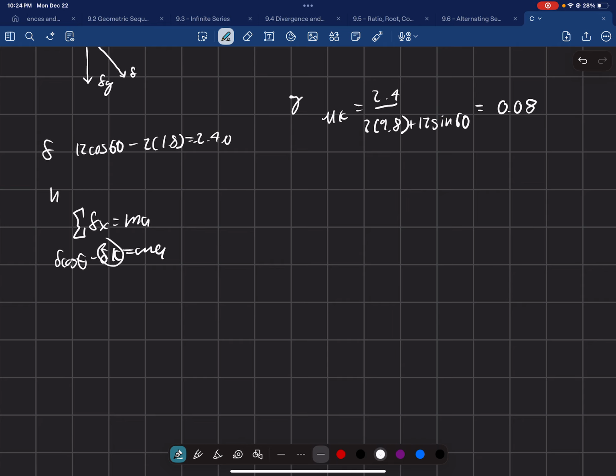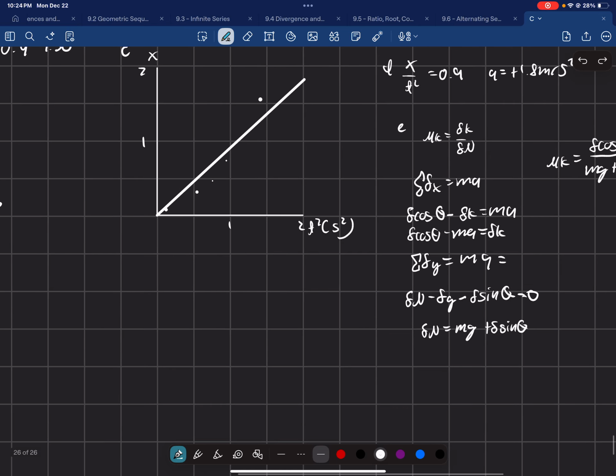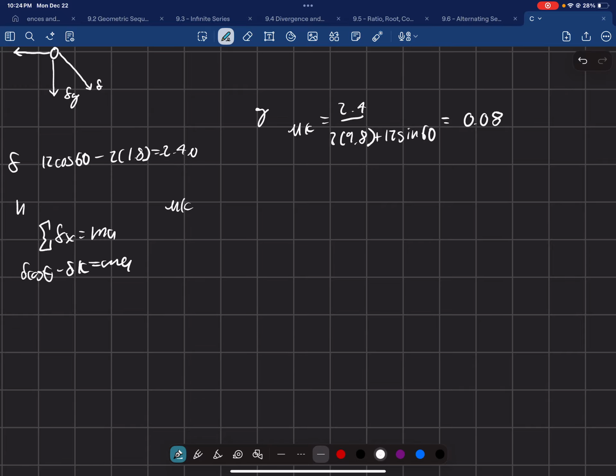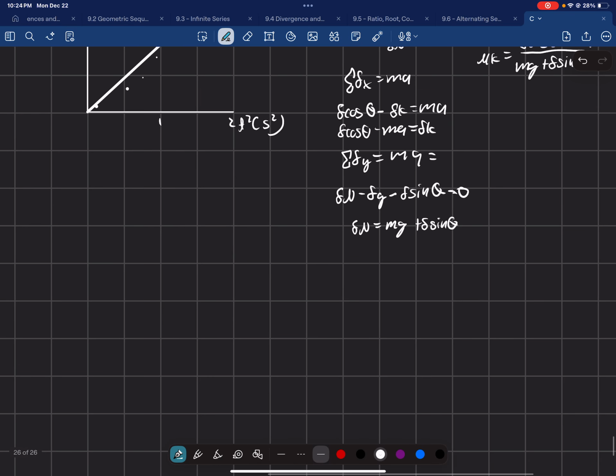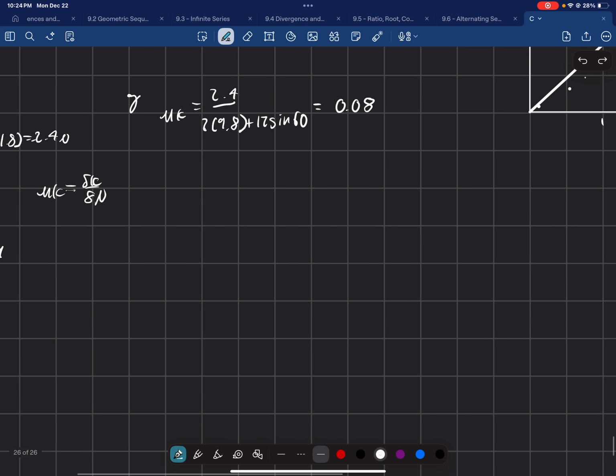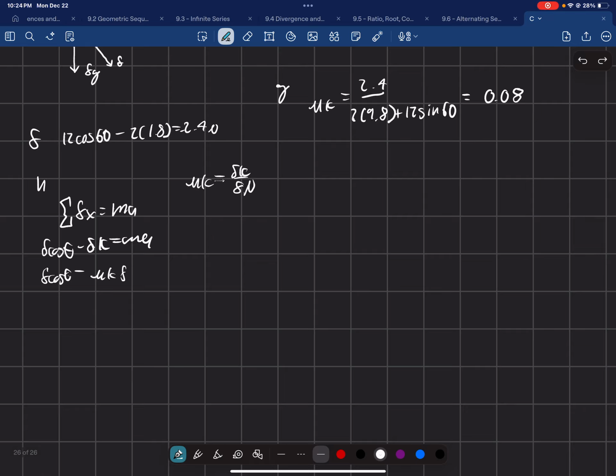We need to isolate F_k, so mu_k equals F_k over F_n. So this is F cosine theta minus mu_k times F_n. We solved for F_n earlier, so we plug that in: mu_k times mg plus F sine theta.